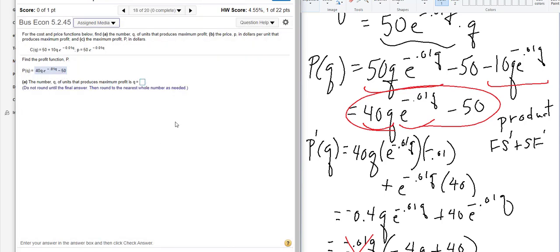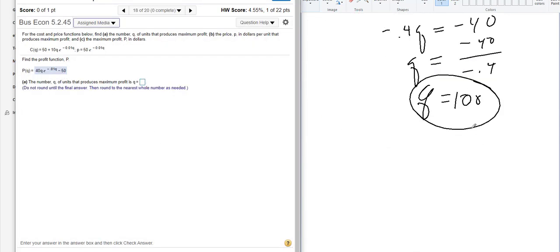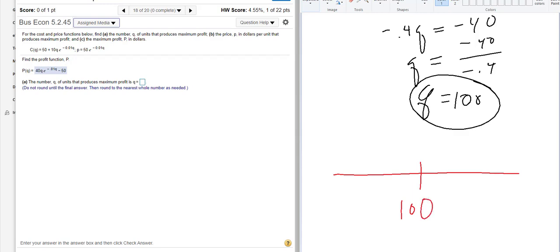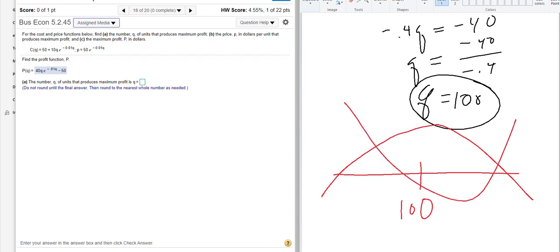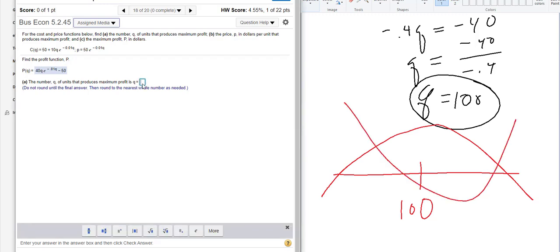The number of units that produces the maximum profit. Well, we're assuming it's at Q equals 100. Now, of course, that would only be true if the first derivative is positive here and negative here, right? Because if it's the other way around, it would be a minimum. But in this case, it's going to produce a maximum. So quantity is 100.